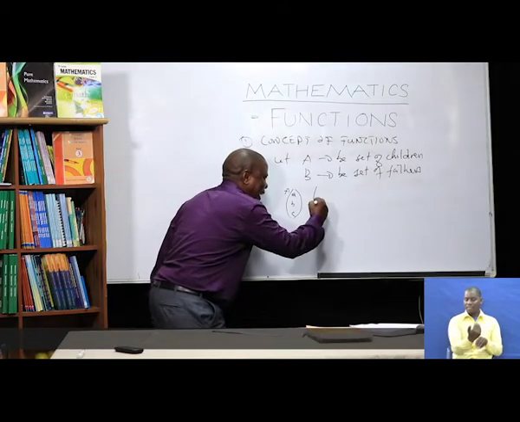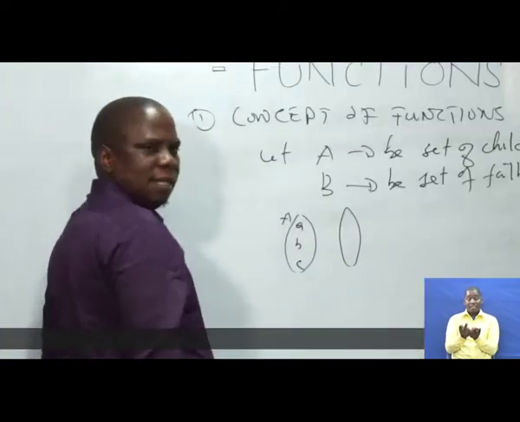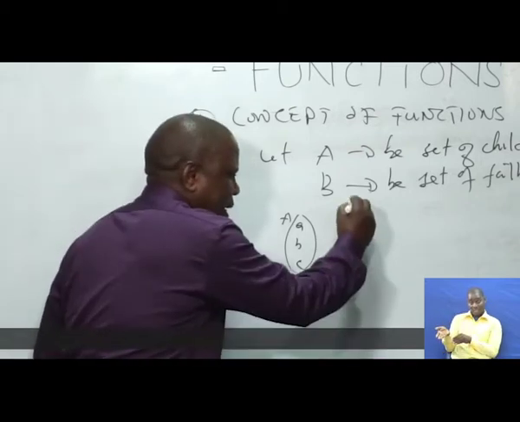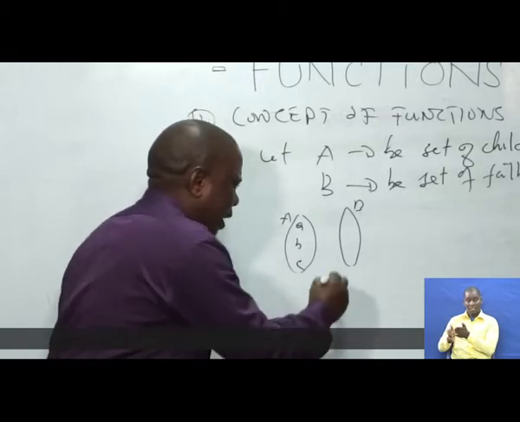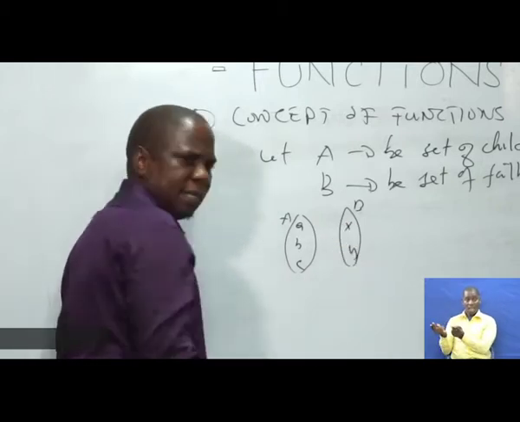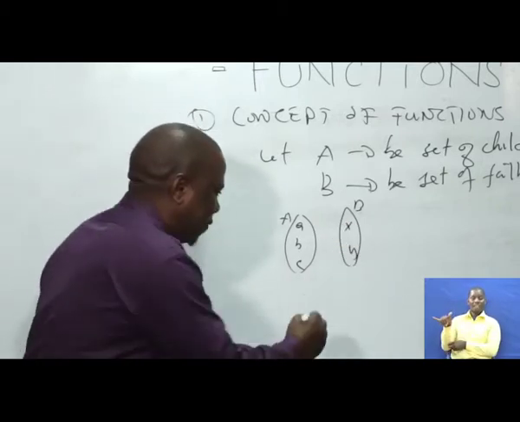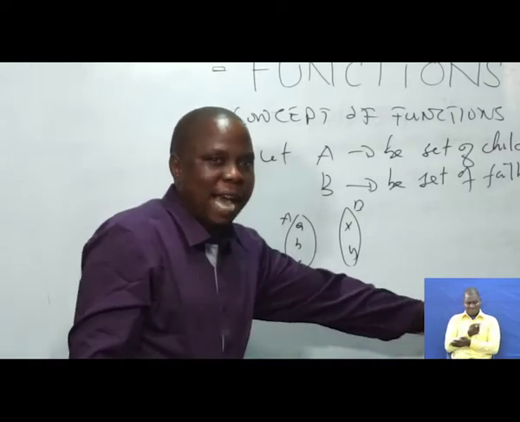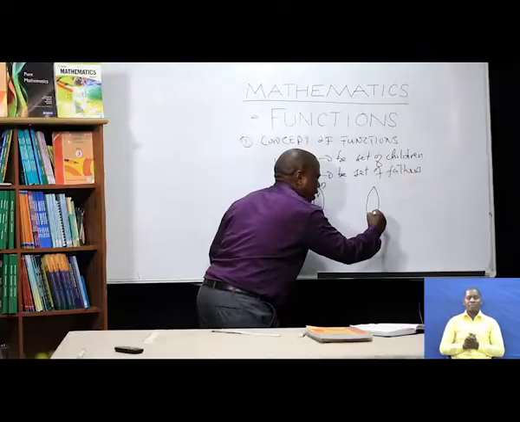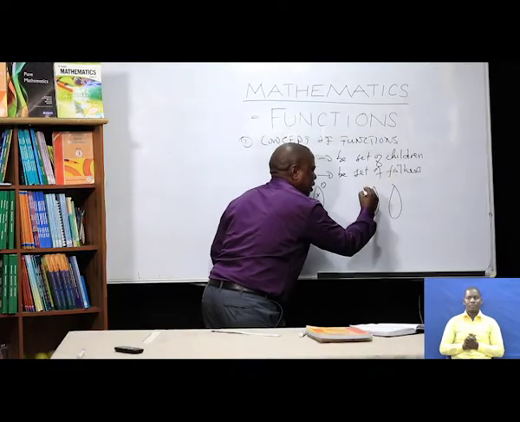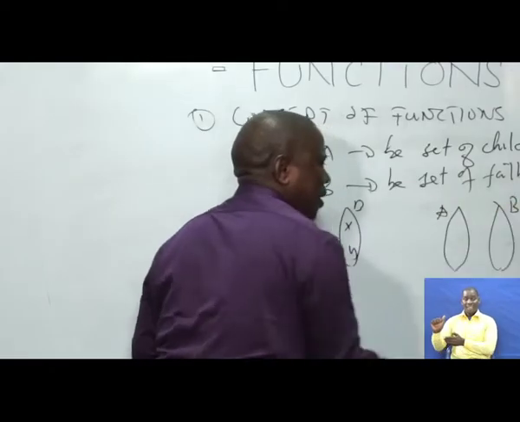And another set, set B, with the elements, let's call them X and Y. Let's make two different illustrations. This is the first illustration, and let me make another second illustration here of the same set.